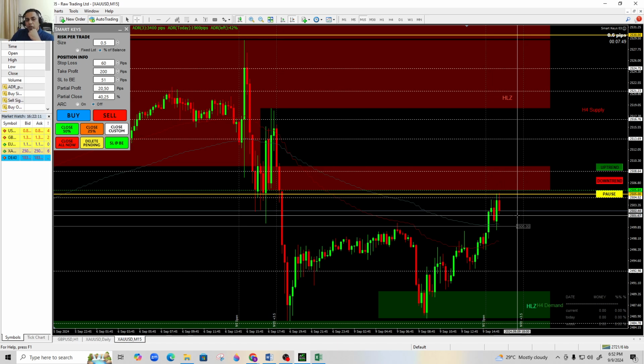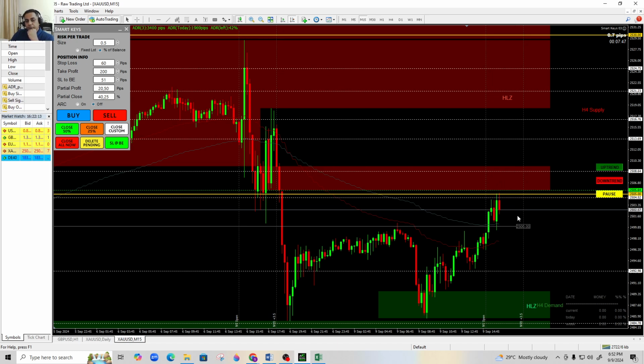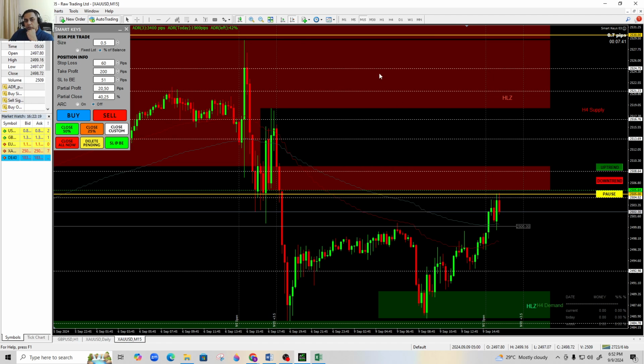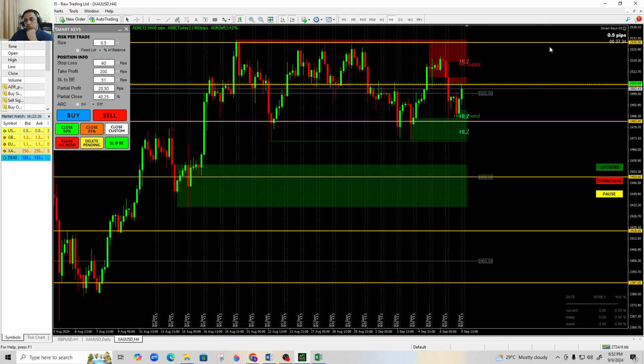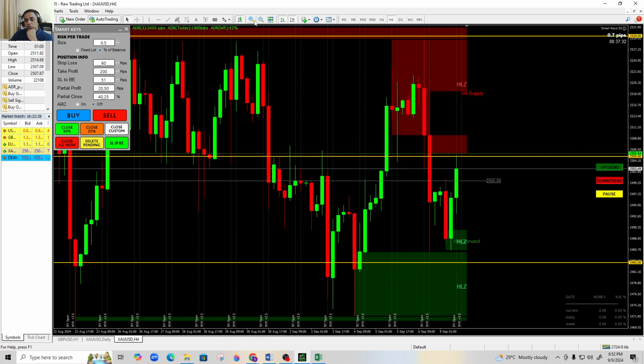We've been here for about an hour and 45 minutes now. Price is just ranging. We have about 37 minutes for the 4-hour candle to close. It's very bullish right now, there's clean space up here.